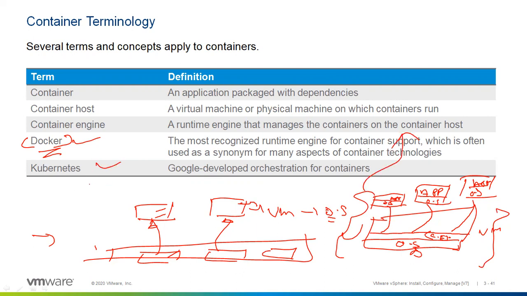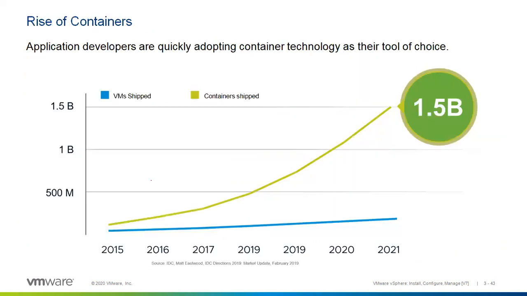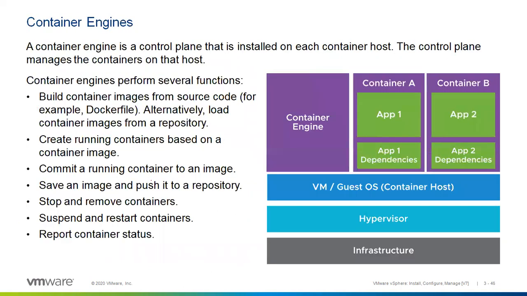Like your vCenter, here is Kubernetes. Kubernetes is the container management platform. All right. So by containerizing my applications, I can run a number of applications within a single VM.